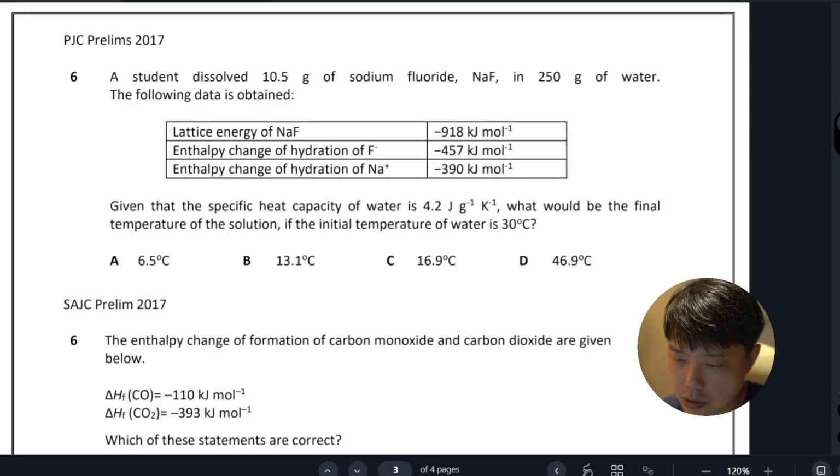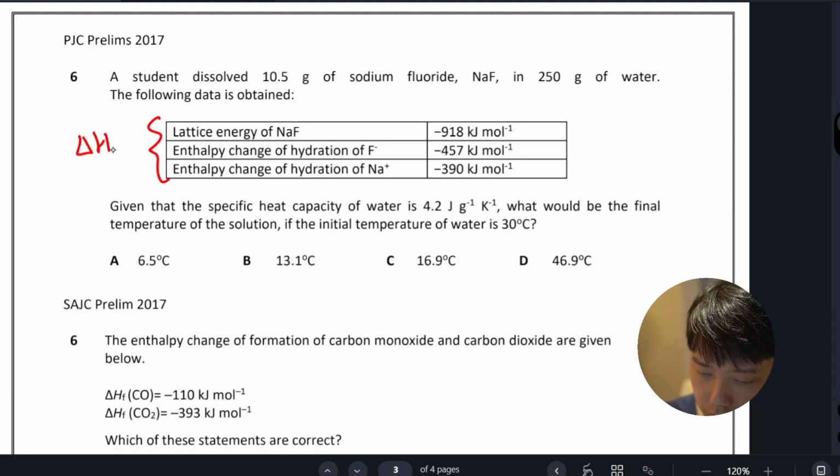Okay, so for this question, you kind of have to work a little bit backwards because they have given you some data: lattice energy, enthalpy change of hydration of the ions. So if they've given you this data, you have to use it to calculate delta H of solution. Once you have the delta H of solution, you can use that to work backwards.